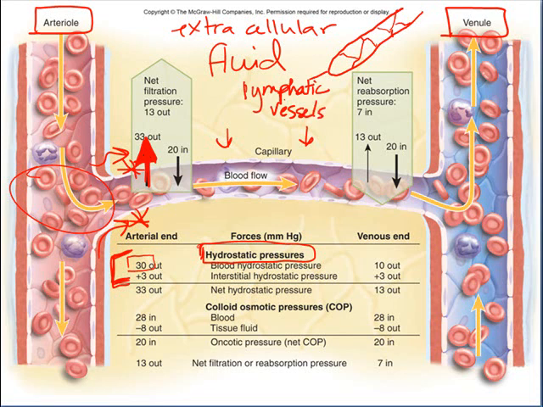Along with their duty of transporting white blood cells around in the body and a few other things that we're going to learn about shortly, one thing that they do is they suck up, if you will, for lack of a better term, they sort of vacuum up extra fluid that begins to accumulate out in the tissues at these capillary beds.